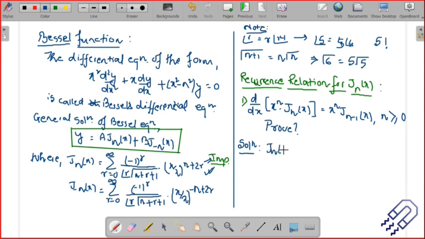So what I'm going to write down first is the form of J n of x that we all have seen already on this left hand side: summation r is equal to 0 to infinity, minus 1 to the power r, divided by factorial r, and then we have got gamma of n plus r plus 1, and then x divided by 2 to the power n plus 2r.